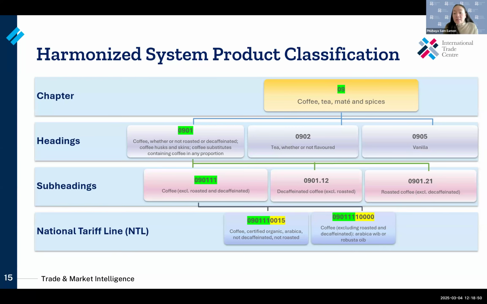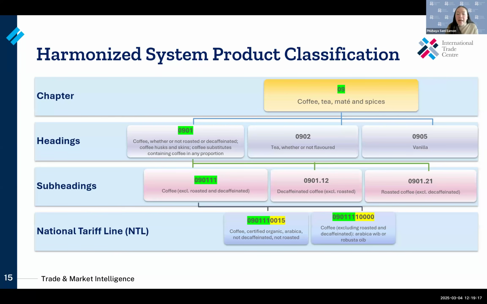Then if the coffee is roasted but not decaffeinated, it will be 090121. Of course, this is at the international level. So the most detailed level that you can do research for different international markets, benchmarking, and comparing across different markets is at the HS 6-digit level, as you see here.